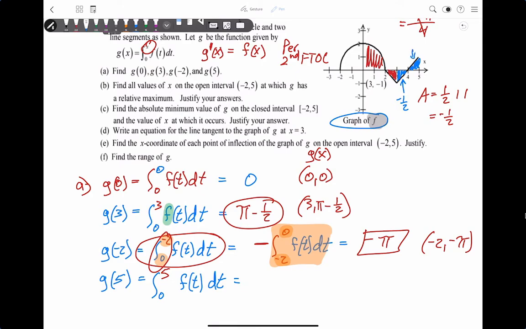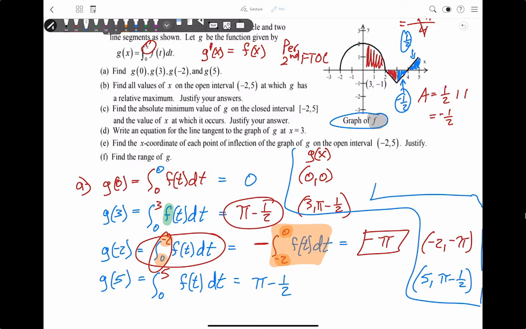This is a positive 1/2. So when I add, these are just going to cancel out. So g of 5 is also the same as g of 3, okay? So we have 5 pi minus 1/2 is going to be the y value. And again, this is if you were looking at a g function, if it was there. Those are the point interpretations. Okay, so all that just for part A, but I wanted to break it down and make sure that I went through it all.